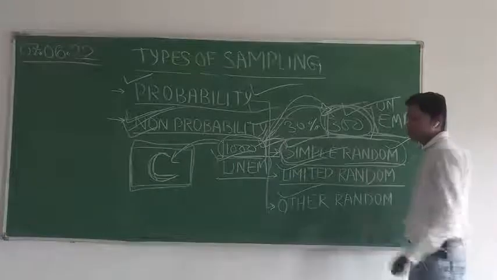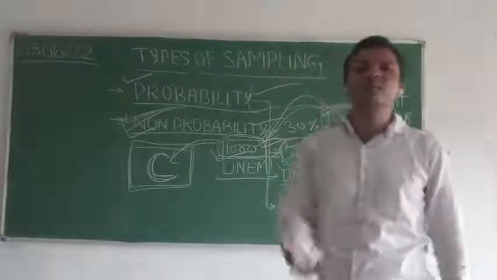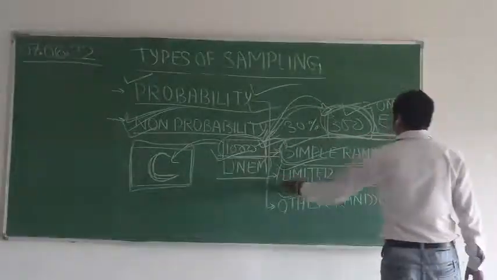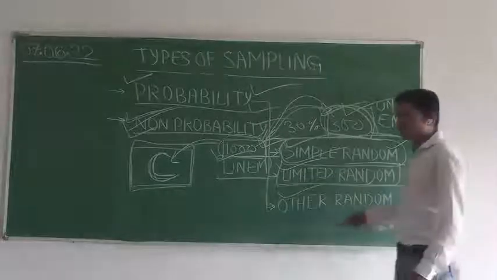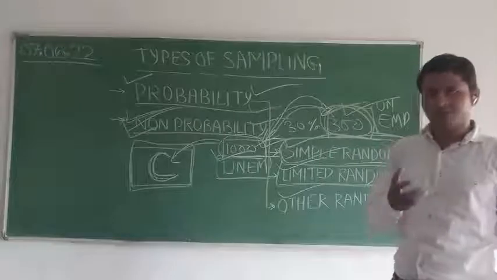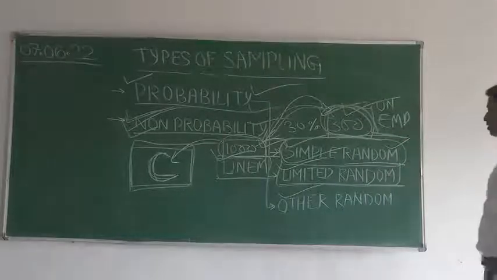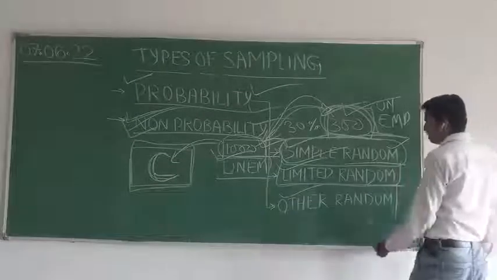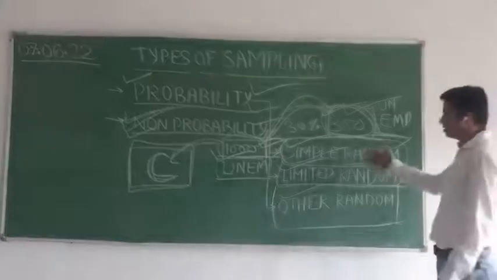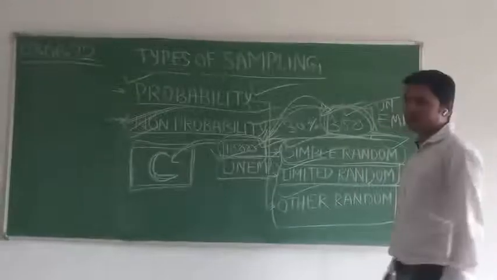In simple random sampling, we have discussed that everybody has an equal opportunity to be chosen randomly. But in limited random sampling, there are some limitations for choosing people randomly: some limitations, boundaries, and restrictions. There are also a few other kinds of random sampling, other than simple random sampling and limited random sampling.